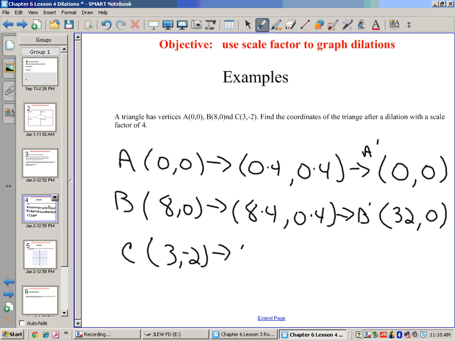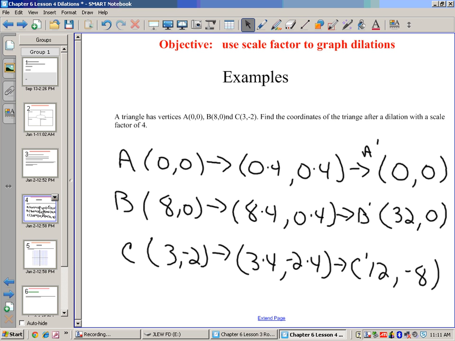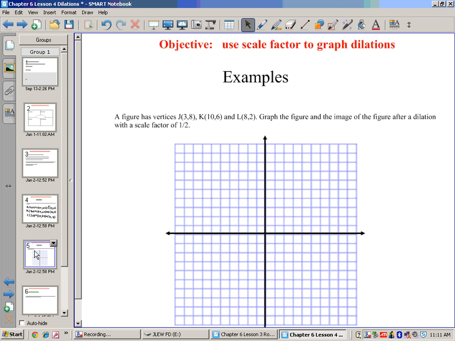We're going to multiply each one by 4, so 3 times 4 and -2 times 4. This gives us our new C prime coordinate, which is 3 times 4 is 12, and -2 times 4 is -8. And there you have it. There are our new coordinates for our dilation with a scale factor of 4. Okay, let's move on to our next example.